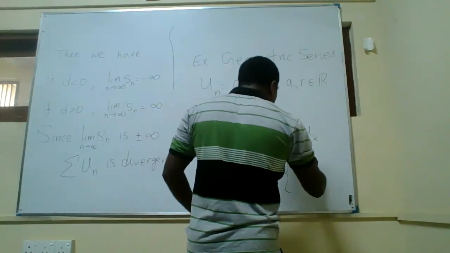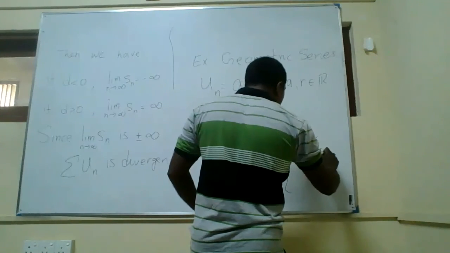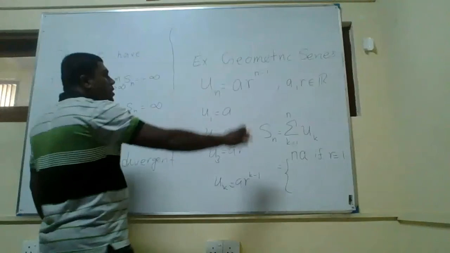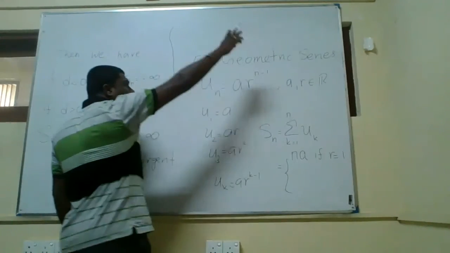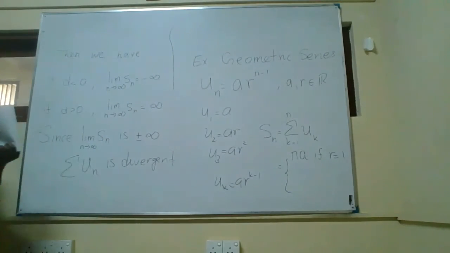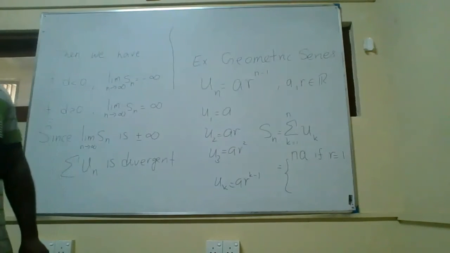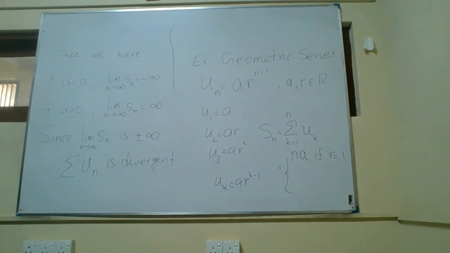It is going to be n times a if r is equal to 1, because when r is equal to 1, 1 to the power n minus 1 is always 1. So when you sum it n times, it is going to be n times a. That is the special case, r equal to 1.